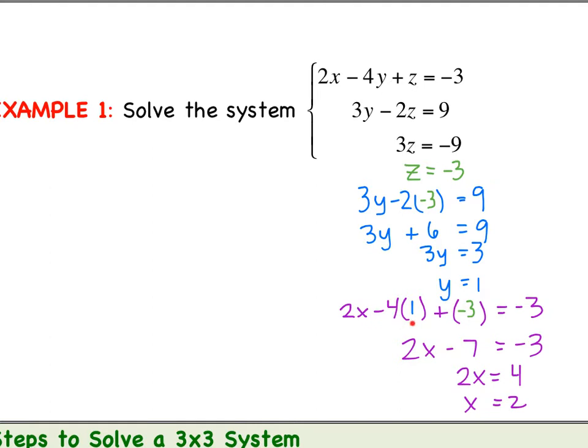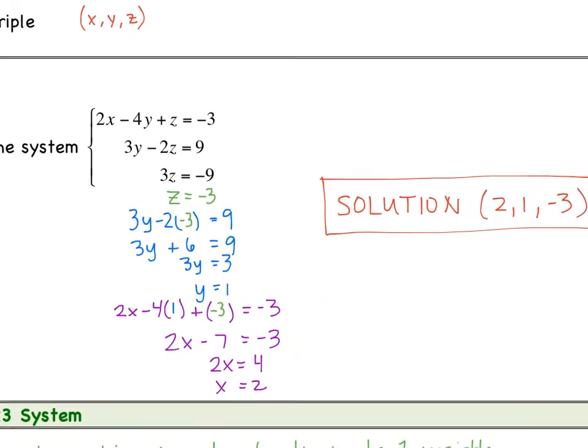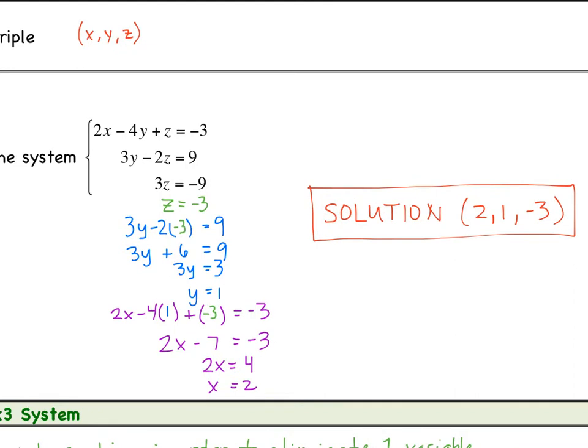So as we carry out -4 times 1, we just get -4, -3, that's where we get the -7 from, adding 7, and then dividing by 2, we get x to be 2. So now that we have all 3 of our variables, we have to write our solution as an ordered triple in the form x, y, z. So we have our solution to be the ordered triple 2, 1, -3.